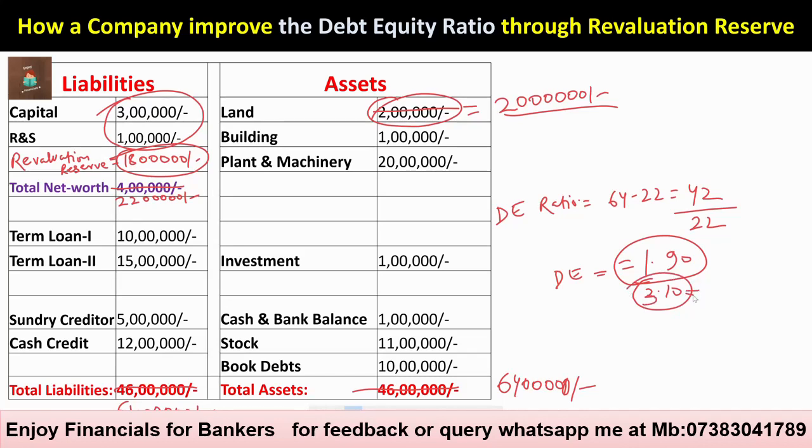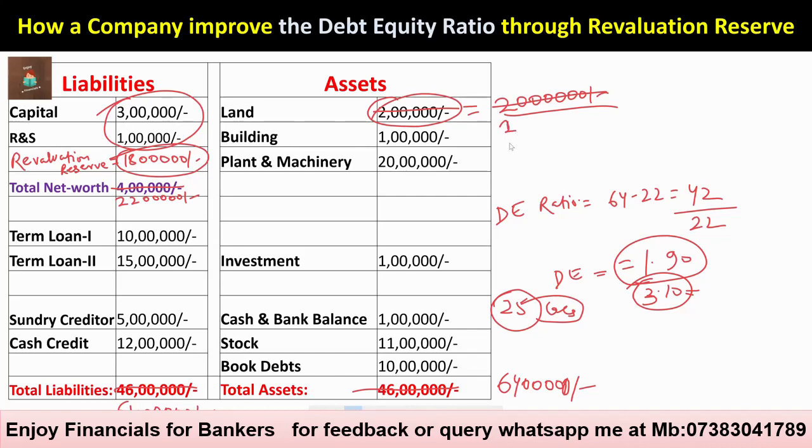So in my opinion, if we consider the revaluation reserve, then the company can manipulate further to get the loan. Suppose next year again the company approaches you for a loan from 1 crore to 2 crore. So the company has to bring another 25 lakh rupees as a margin, right? So what will they do? They will simply increase the revaluation reserve again by 25 lakh.